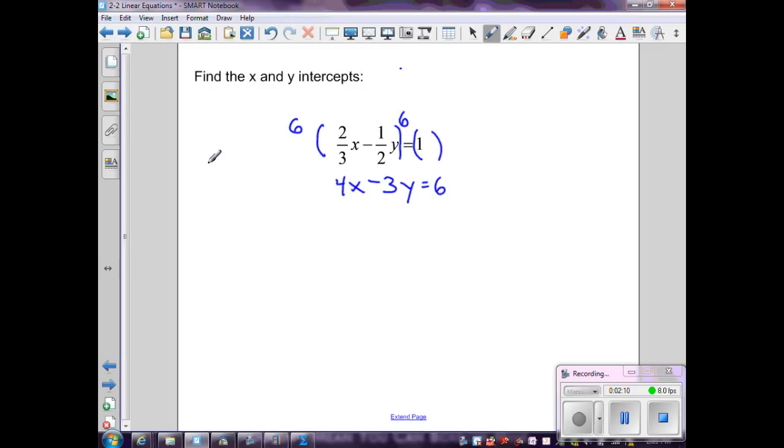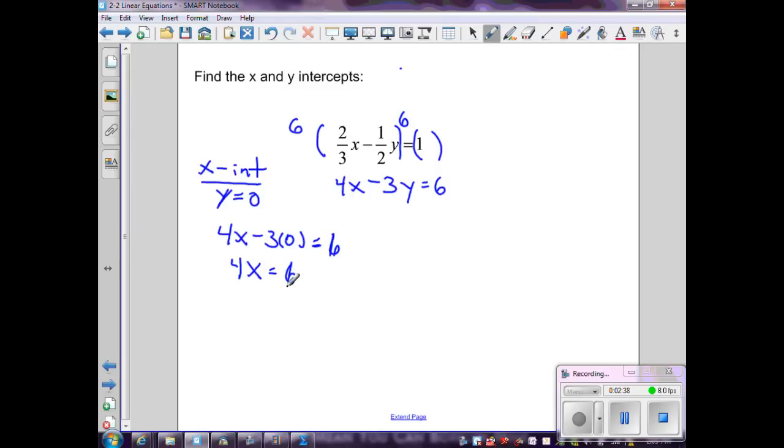My x-intercept, found by letting y equal 0. So 4x minus 3 times, substituting for y, 0, is 6. And when I simplify, that's going to give me 4x equals 6.